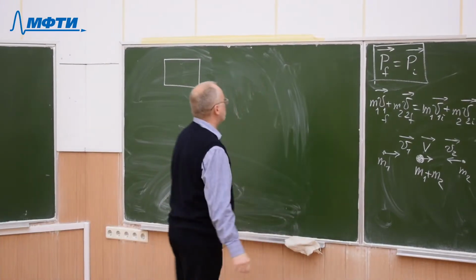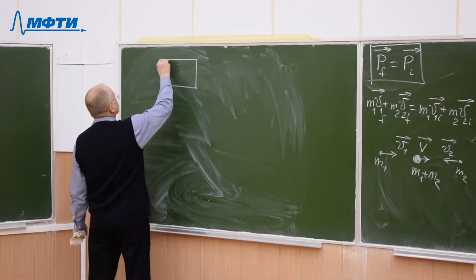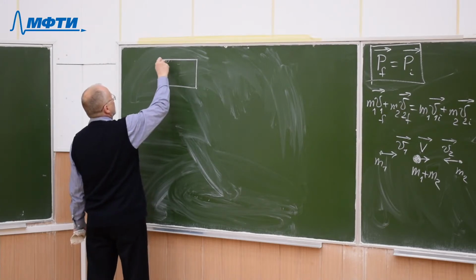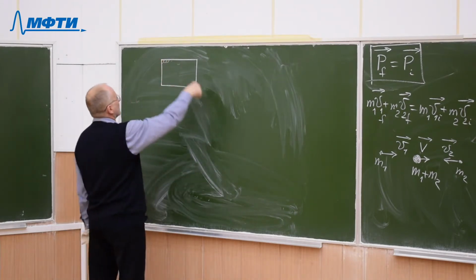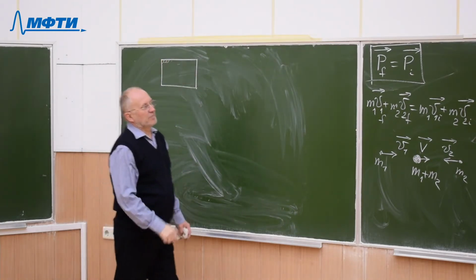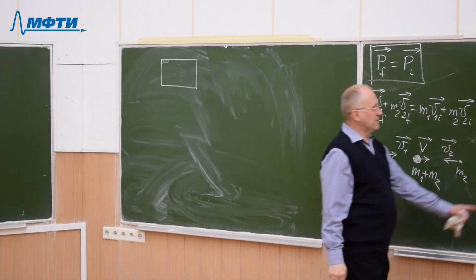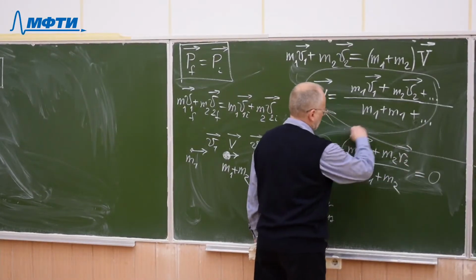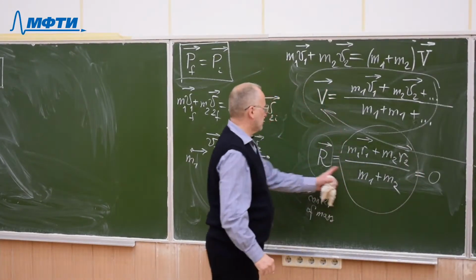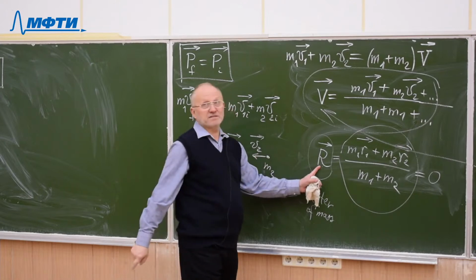We have to divide the plate into small pieces, each piece having some small mass, and then use this formula and calculate the vector showing the center of mass.